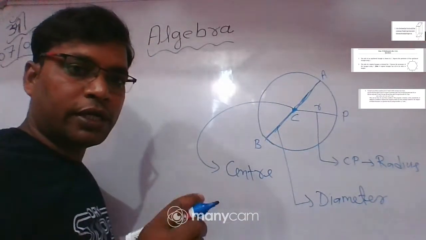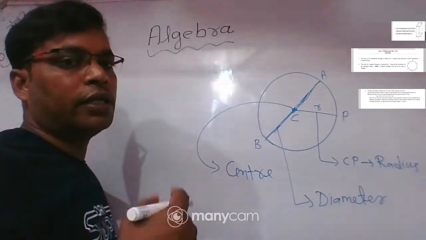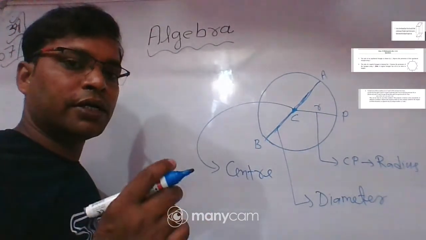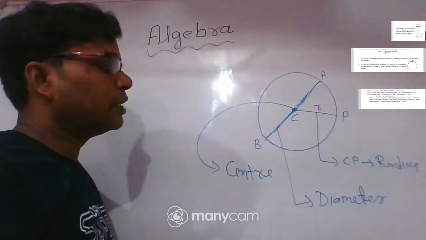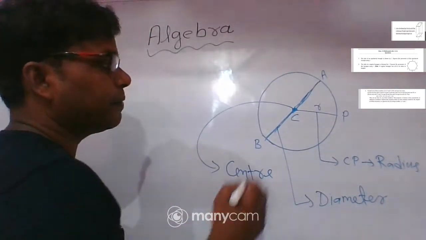If a line joins one end to another end of the circumference and passes through its center, this is called the diameter.